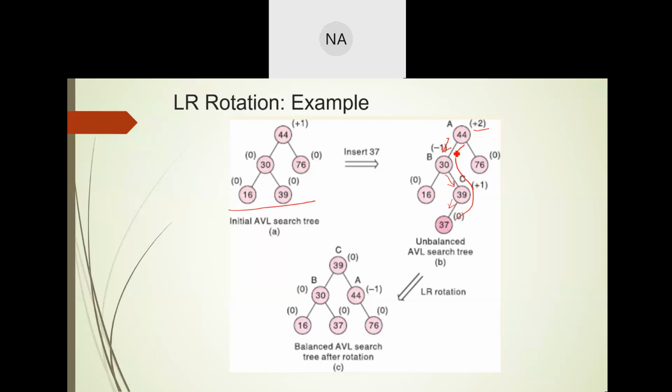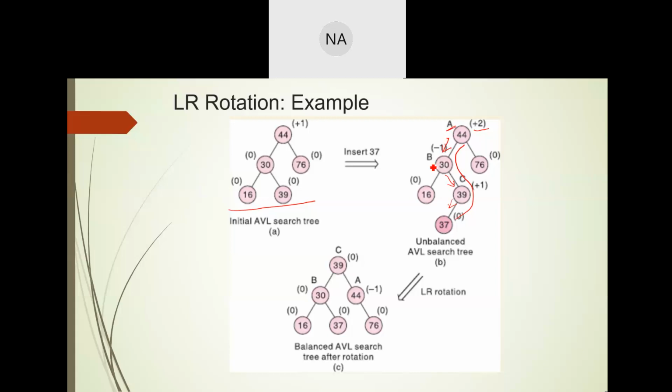You find that this node is node A, because it is imbalanced and it is the closest imbalanced node to the inserted node 37.